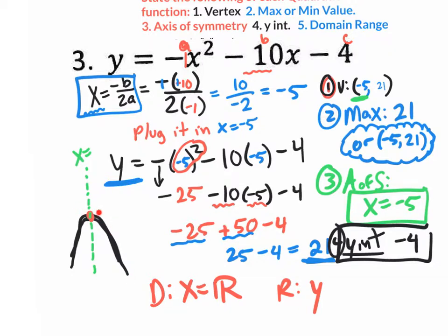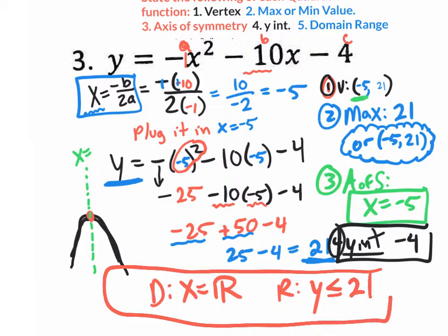So here's your maximum height, and the whole thing is below or at that maximum height value. So we're going to say that the range is y is less than or equal to the y value of our vertex, that maximum value of our vertex, which is 21. So this was number 5.